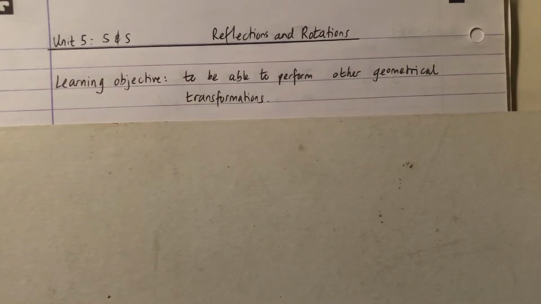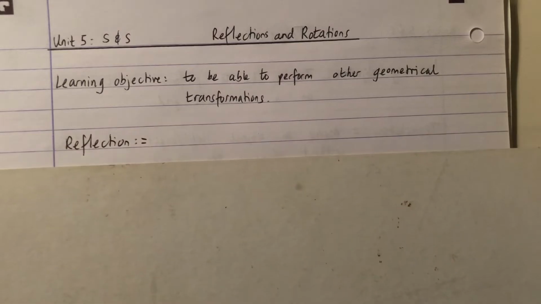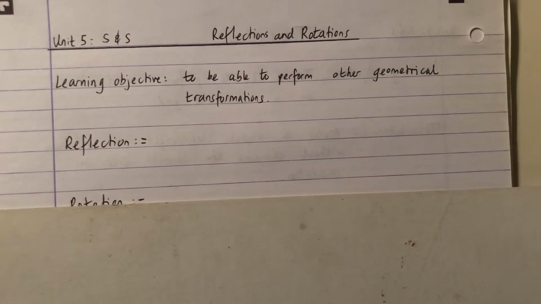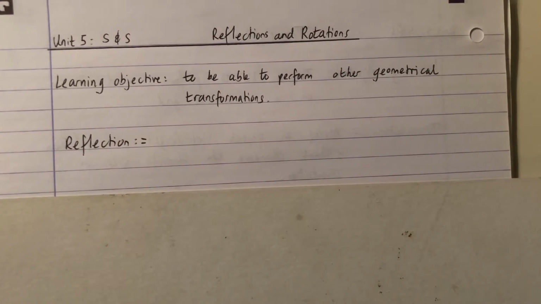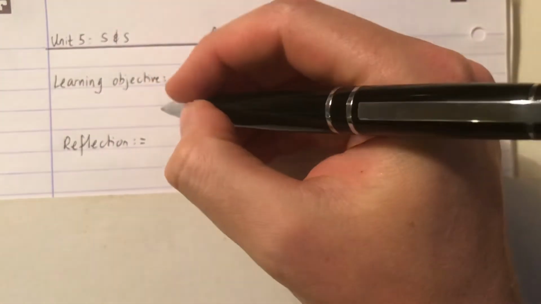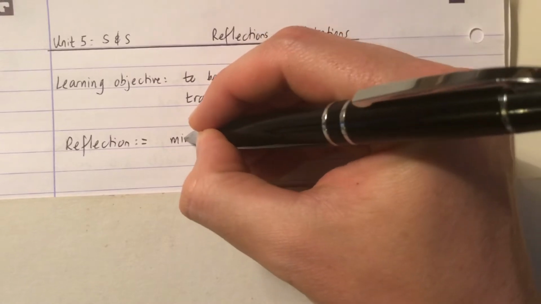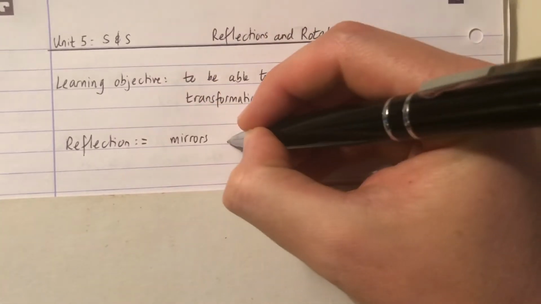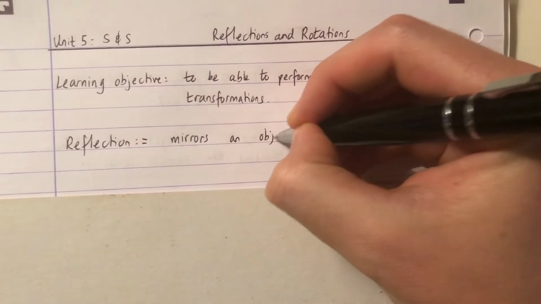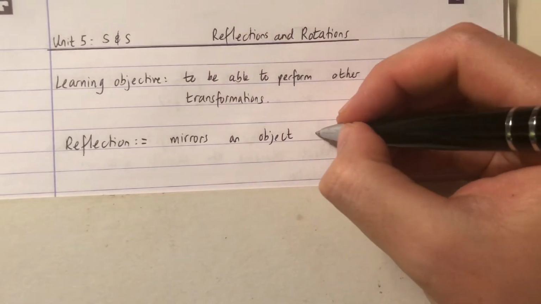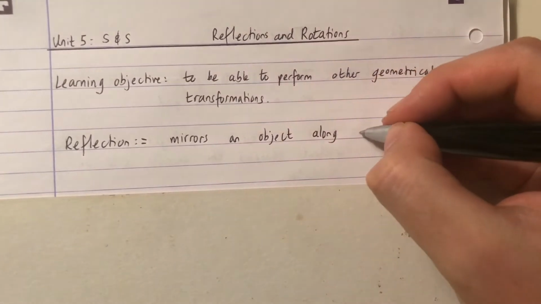So the main objective is to perform the other geometrical transformations, reflections and rotations, and let's define in the maths context what a reflection is. So a reflection mirrors an object along a mirror line.